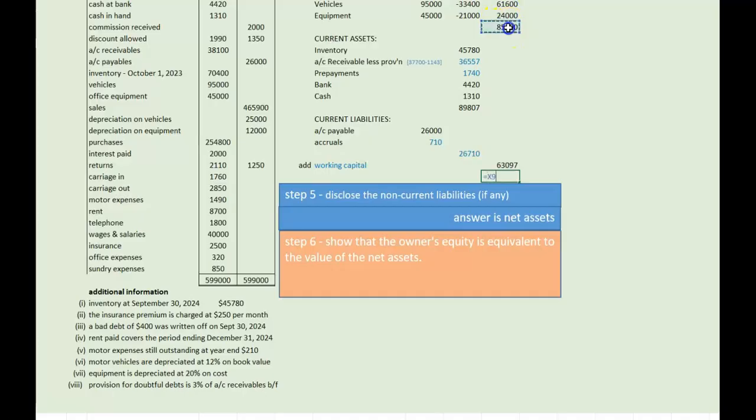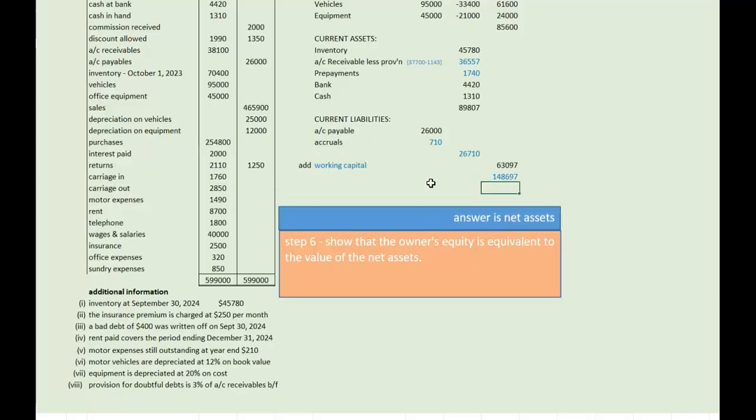All right, so I'm adding my non-current assets to my working capital, and it tells me that I have 148,697. All right, so now I will put in any non-current liabilities. Well, when I look into this question, I actually don't see any, so I'll just put it there for your benefit, so there are none.